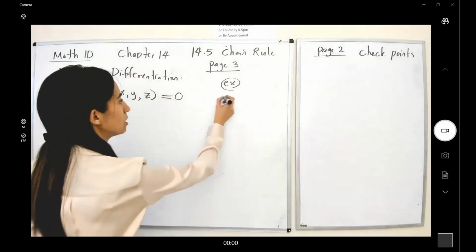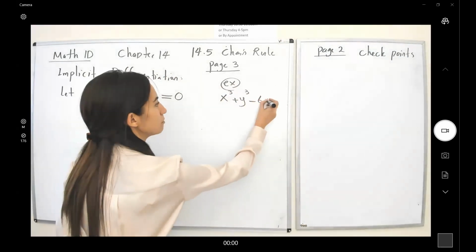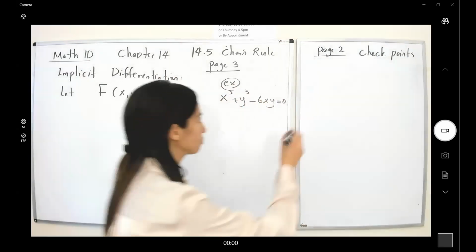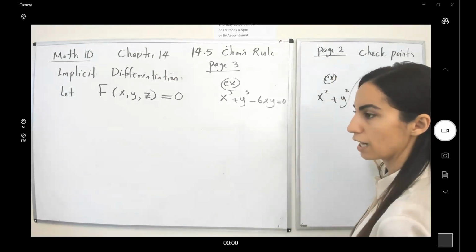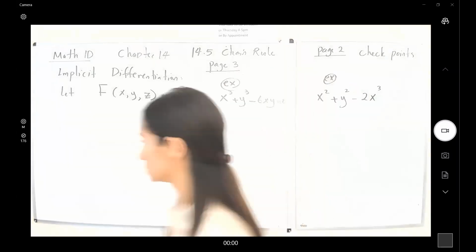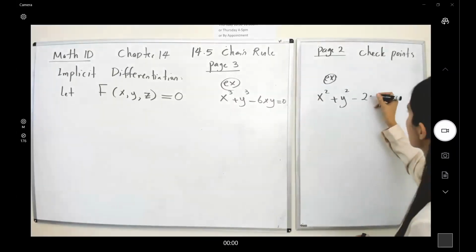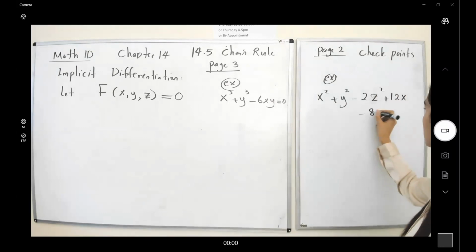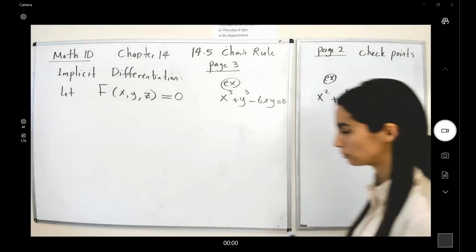Here, like x cubed plus y cubed minus 6xy equal to 0, or another example for you, x squared plus y squared minus 2z squared plus z squared plus 12x minus 8z minus 4 equal to 0.